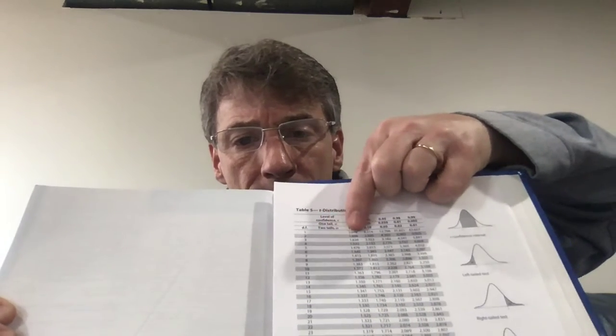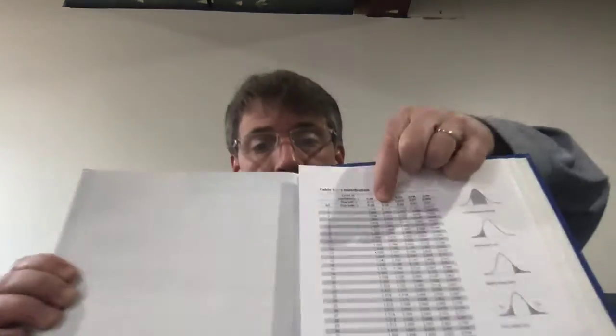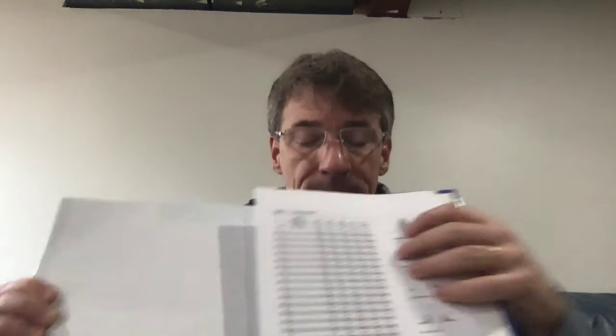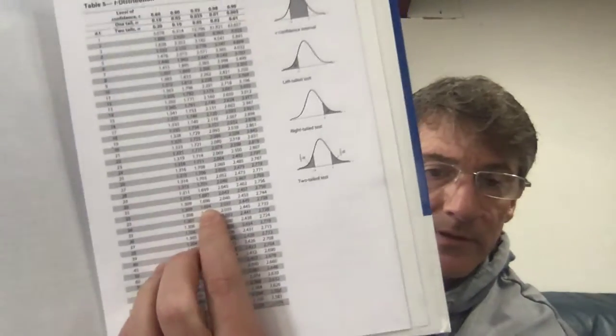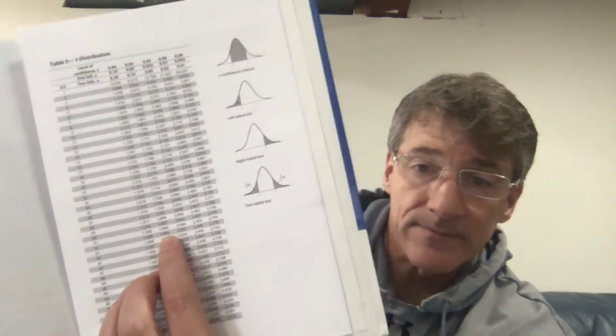So we're on this row right here, with our two-tail alpha of 0.10. Then we travel down to 33 degrees of freedom. So you'll notice I've traveled all the way down to 1.69.